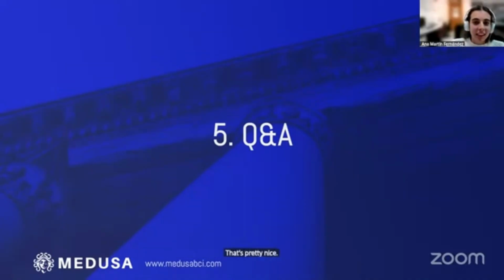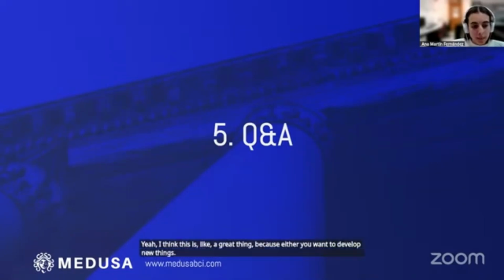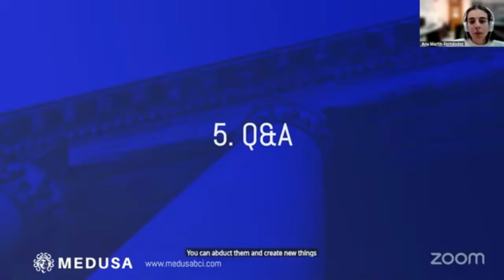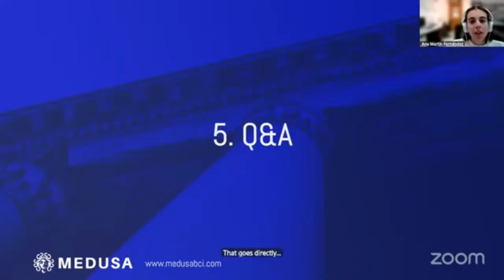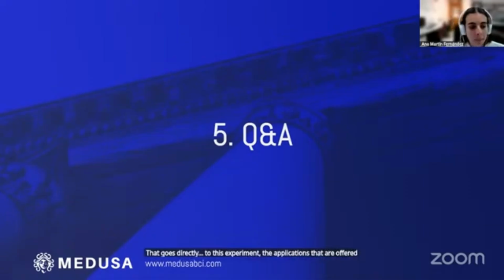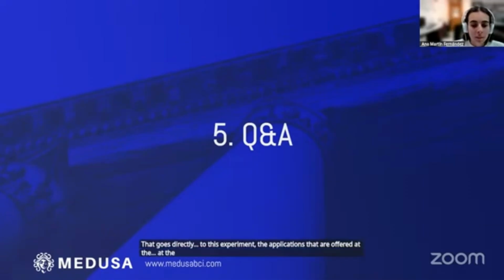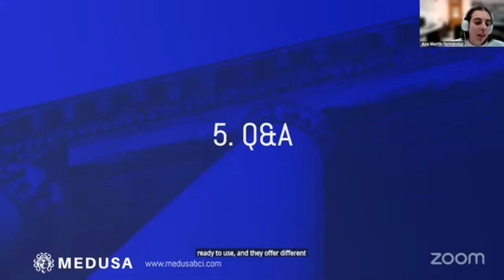I think this is a great thing because either you want to develop new things, you can adapt them and create new things. But also, if you are not in that development booth and you just need something ready to use and something that is intuitive and goes directly to the experiment, the applications that are offered at the website are already ready to use, and they offer different things.